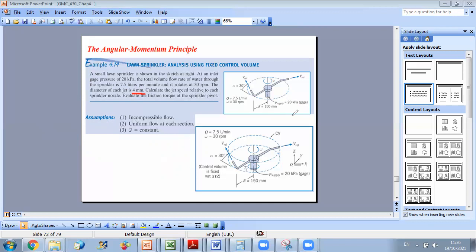First, what we will consider أول شيء نحن حنعمل بالangular momentum ناخد fixed control volume.